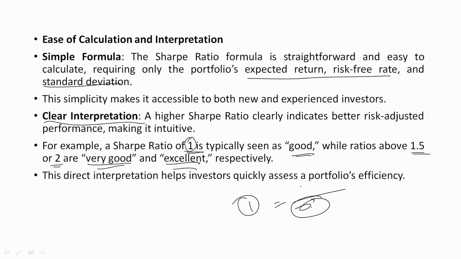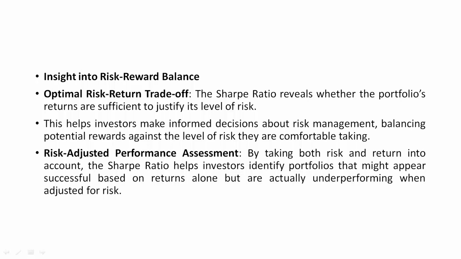That is the meaning of it, and this risk prevailing in the market includes both systematic and unsystematic risk for the individual stocks or securities which we have put into the portfolio.